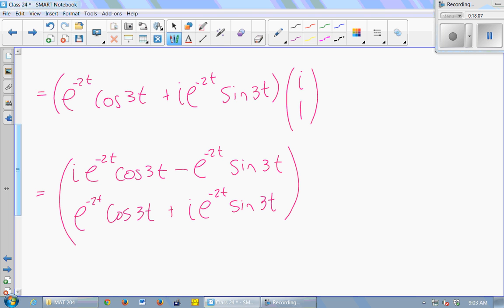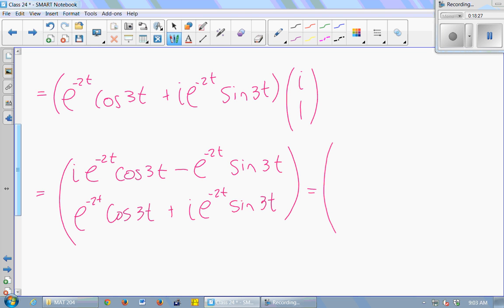Okay, so now I'm just going to rearrange the order of the terms in the components so that if a term has an i in it, it is the second term of the sum. I'll do the first component.